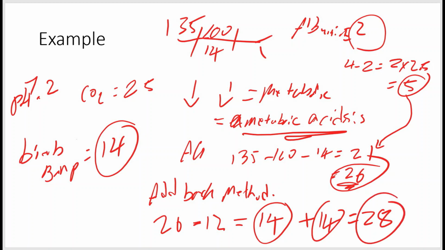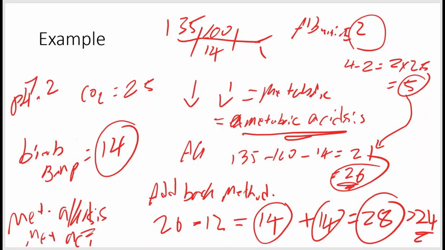This number is greater than 24, the normal bicarb. Since it's greater, there's more bicarb than expected. We say this patient has a concurrent metabolic alkalosis on top of metabolic acidosis.